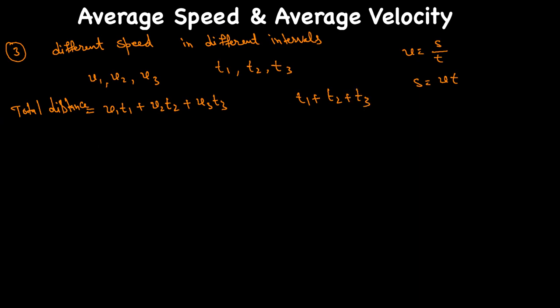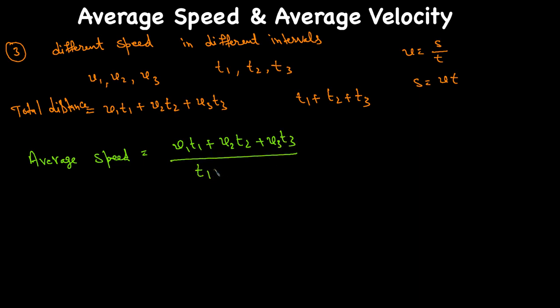So the average speed is going to be v1 t1 plus v2 t2 plus v3 t3 over the total time, which is t1 plus t2 plus t3.